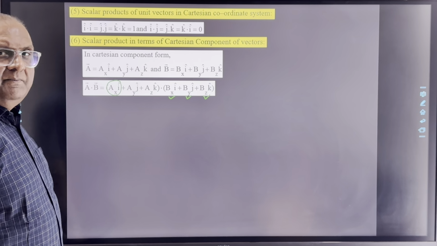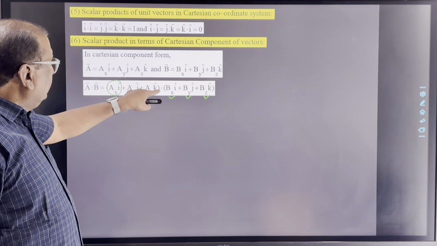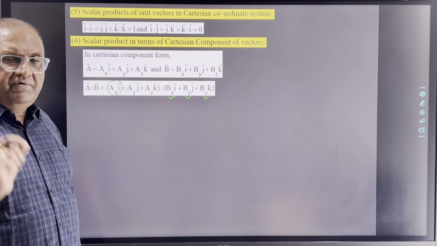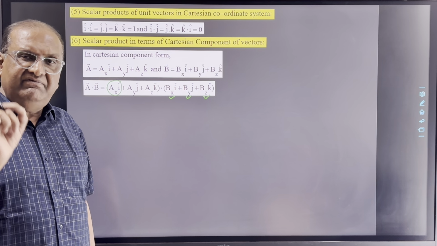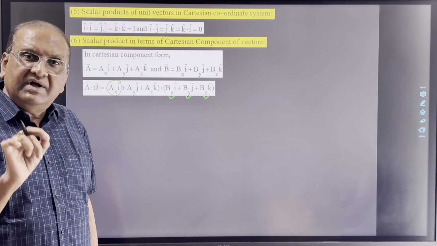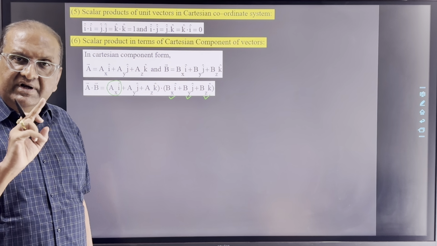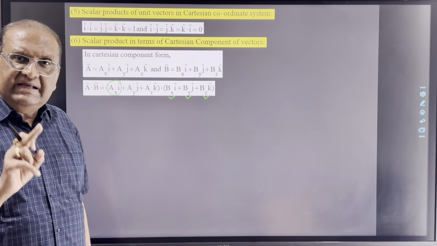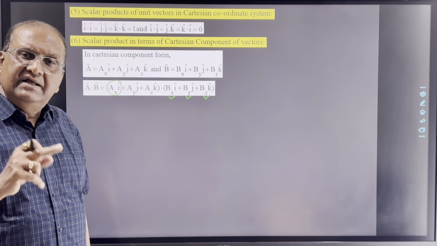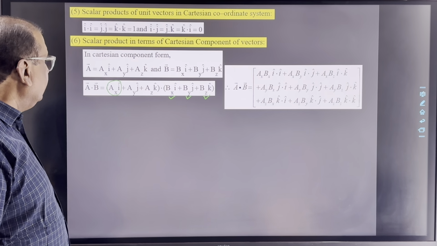But be careful, this dot symbol will be placed between vectors only, because the dot product is defined for vectors only. It is not defined for scalars, or for a scalar and a vector.